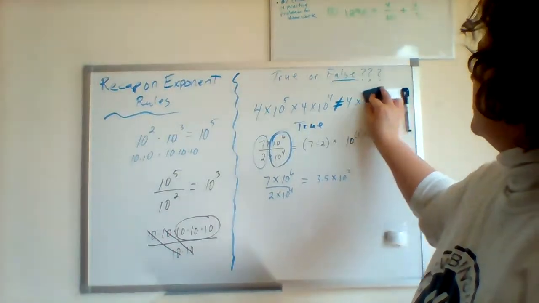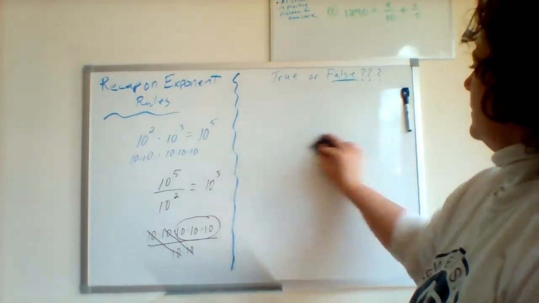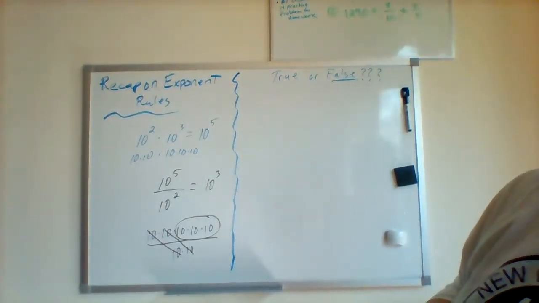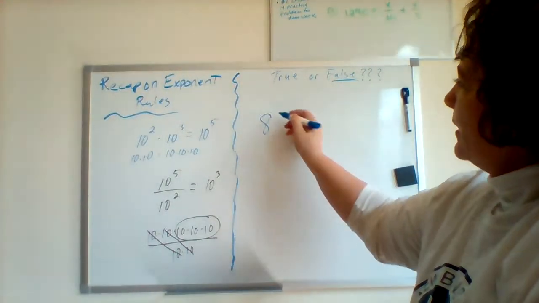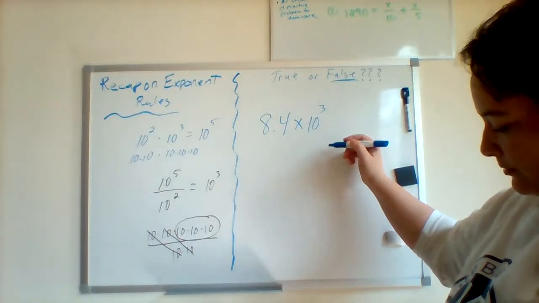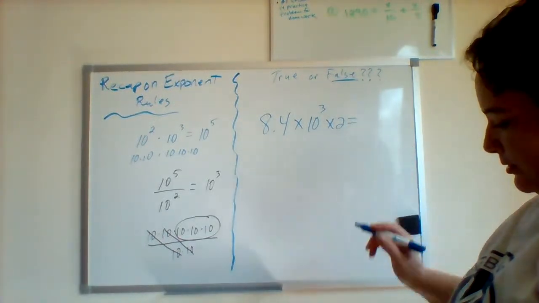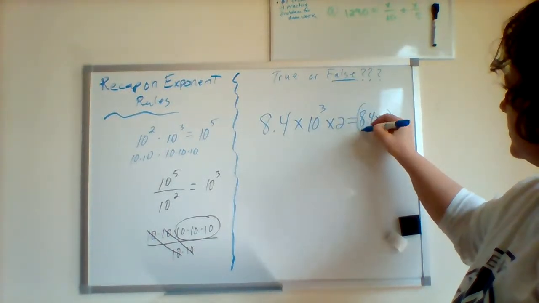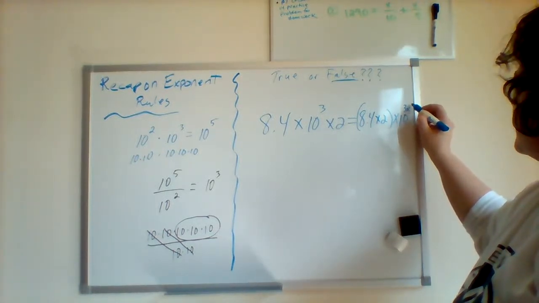So I am going to erase these. Okay, true or false? 8.4 times 10 cubed times 2, is that equal to 8.4 times 2 times 10 to the 3 times 2?